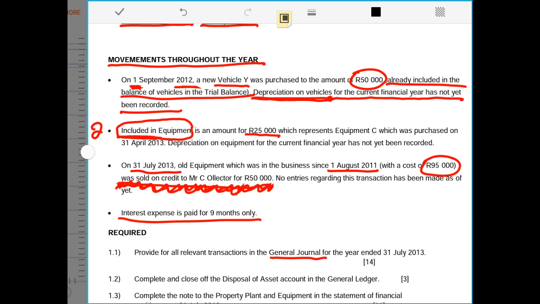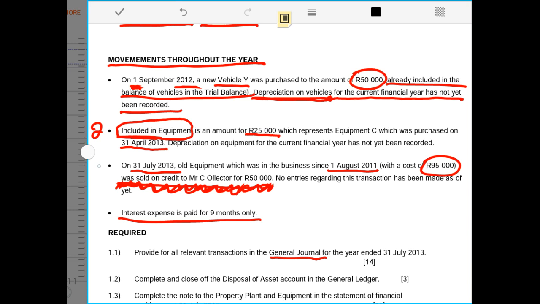It is the cost of equipment C, which was purchased on the 31st of April 2013. Remember, the end of the accounting period is July. Therefore, depreciation will be for May, June, July. We need to account for this depreciation for this equipment only for 3 months.